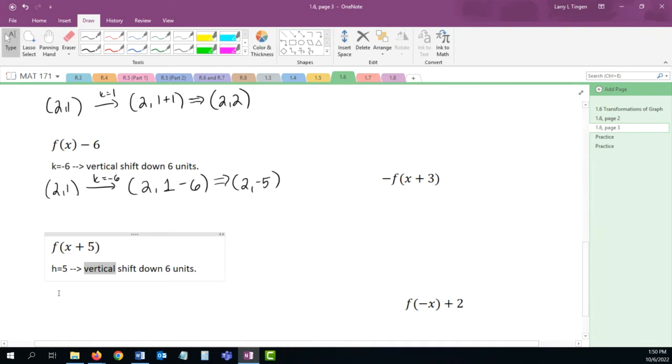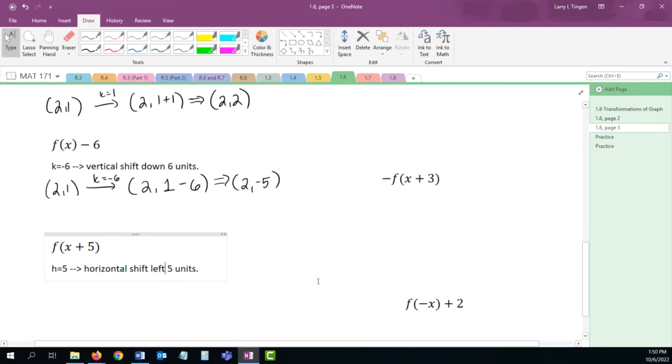I'm messing with the inside, so this is a horizontal shift, and it's 5 units. Which direction? Messing with the inside, I'm either moving left or right. This looks like it moves to the right, but remember, when things are on the inside, they're flipped. So this looks like I'm moving right 5 units, but I'm actually moving left.